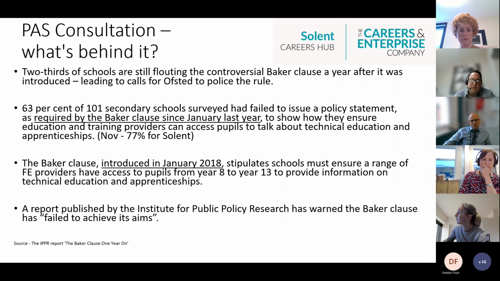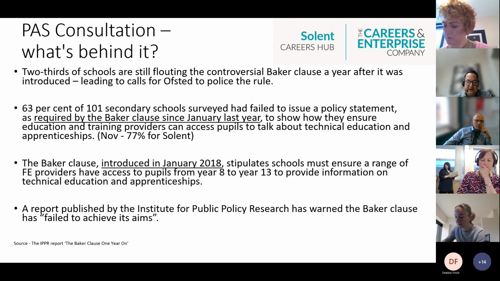The Baker Clause, introduced in January 2018, stipulates schools must ensure a range of FE providers have access to pupils from years 8 to 13 to provide information on technical education and apprenticeships. A report published by the Institute for Public Policy Research warned the Baker Clause has failed to achieve its aims.